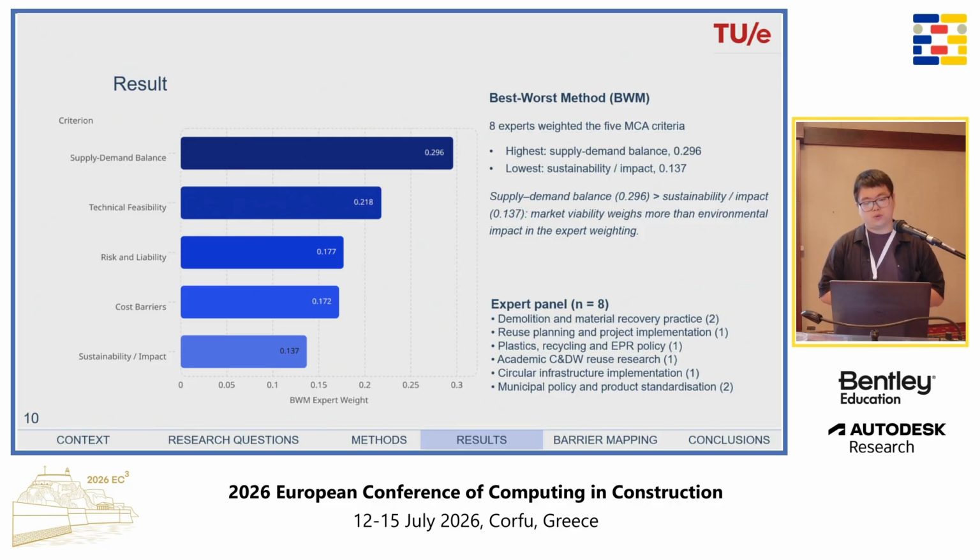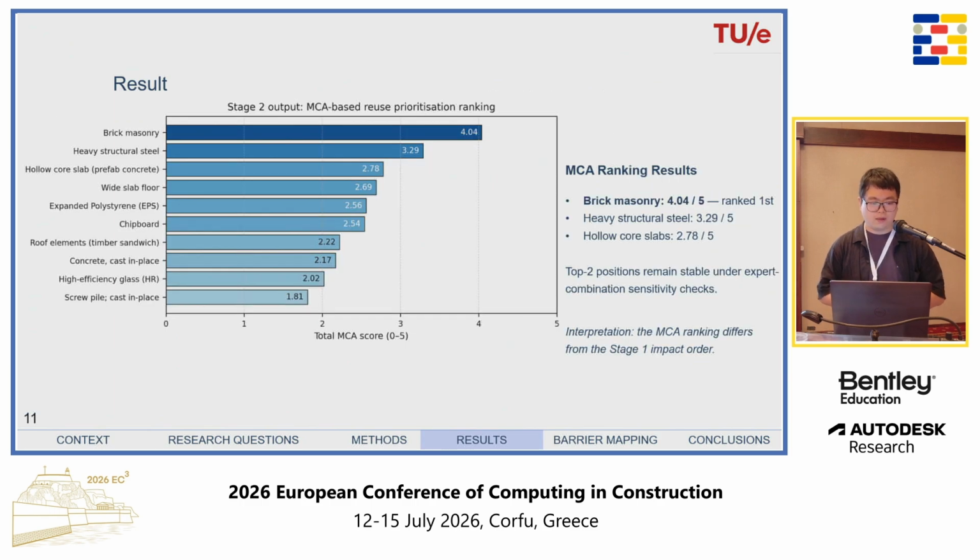And result 2 is based on the expert interviews. We have an expert panel from cross sectors. There are 8 experts, and we use the best worst method to see which indicator is highest based on the experts' views. Supply-demand is seen as the highest one in this study.